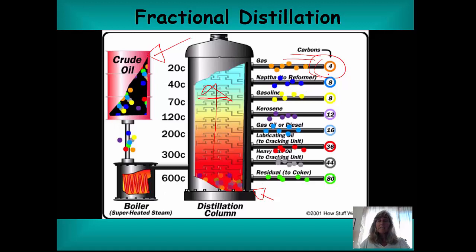Remember those natural gases we talked about in class? Methanol, ethanol, propanol, butanol. This happens to be butanol because there's 4 carbons in it. So they'll go to the very top of this fractional distillation tower. We put in a pipe right at that level where we know the carbons will rise to, and then we cool them down. And as we cool them down, then we have some natural gas.